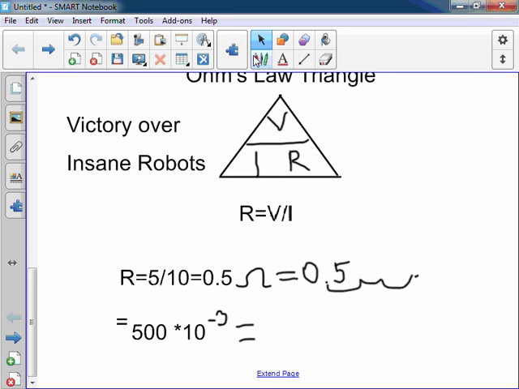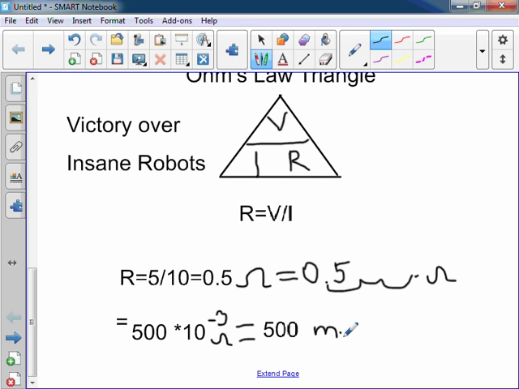And my units are, of course, ohms. So when I type it out, it's going to be 500 milliohms. All right, guys. So that's the second example.